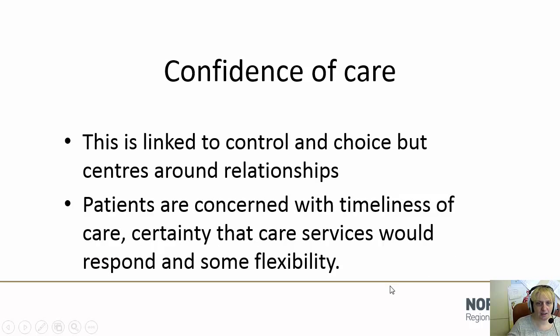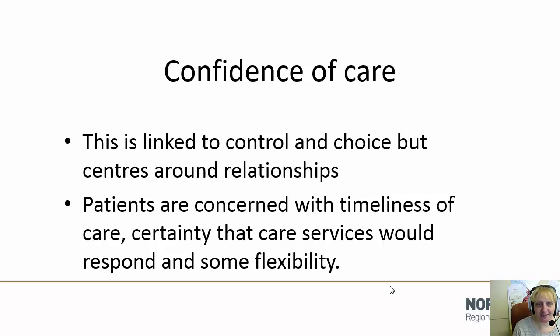Okay. Now then, we talk about confidence of care, and this is linked to control and choice, but centres around relationships. Now, ideally, for an interprofessional team to work very well together, they will have a very good relationship with each other, that everybody will know everybody else's roles and how they play out in the care of that one patient.